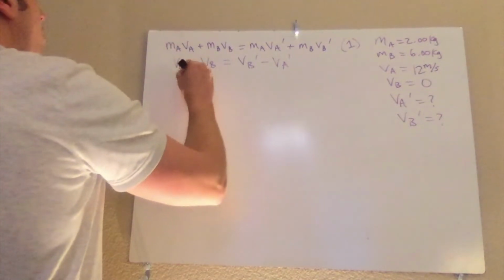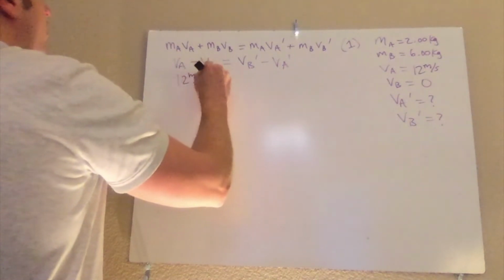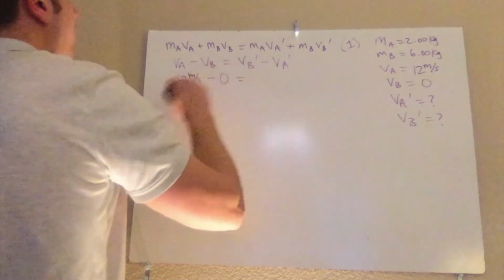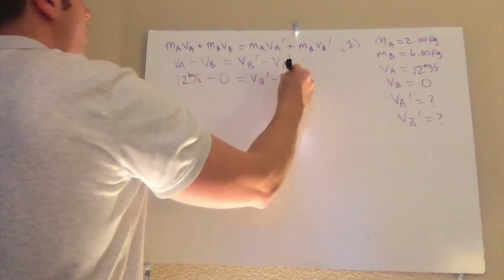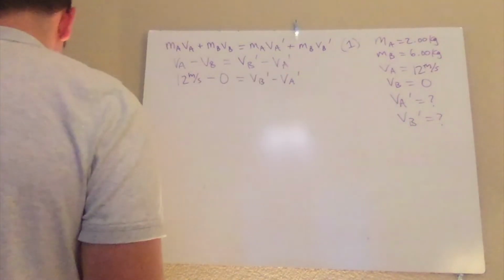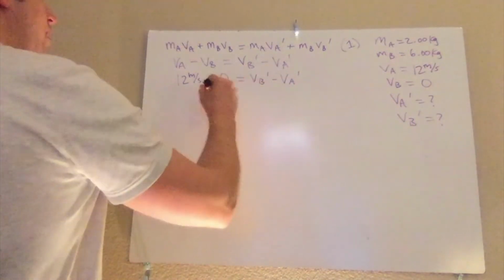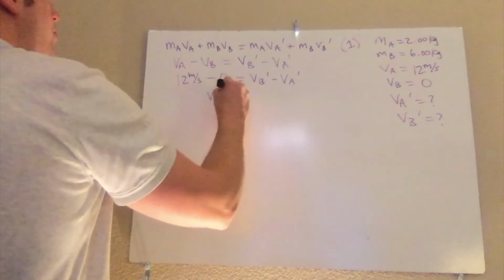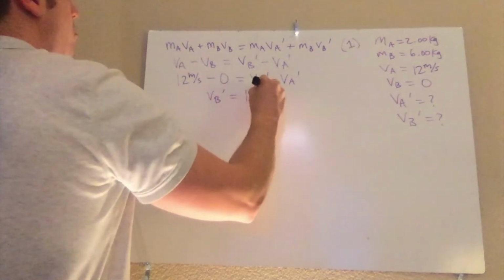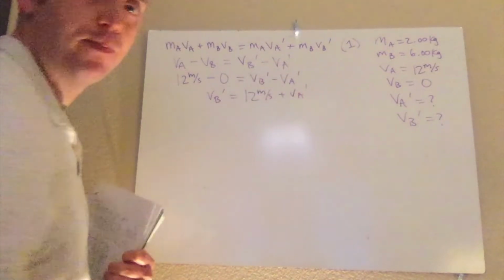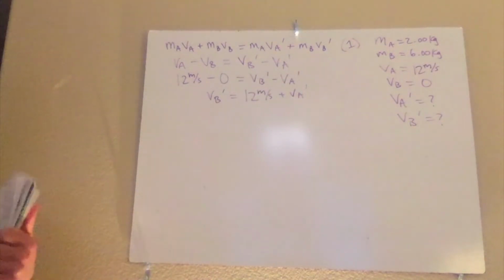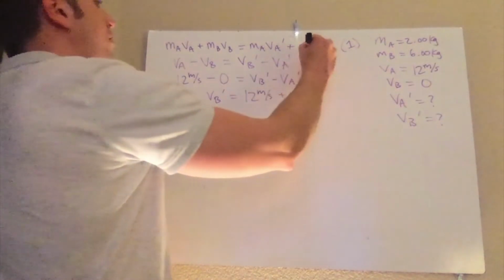VA is 12 meters per second. VB is 0. So that equals VB prime minus VA prime. And what we can write then is that VB prime is equal to 12 meters per second plus VA prime. That's one result we get by looking at this second equation.